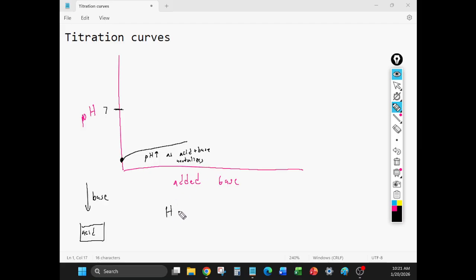Okay, so if we wanted a general equation, you have acid reacting with base, and it's going to produce your conjugate acid, and it's going to produce water. So pH is naturally going to go up. All right, so as you add more base, the pH is going to go up, and then you're going to get to this part, this really steep line, and this is where you get to equivalence point.